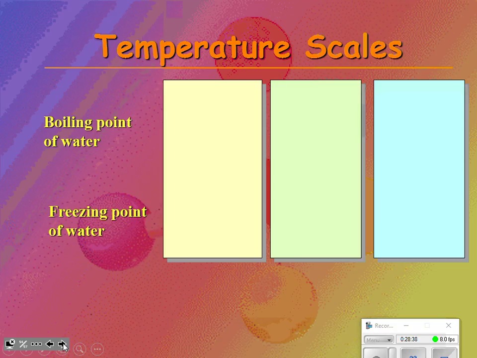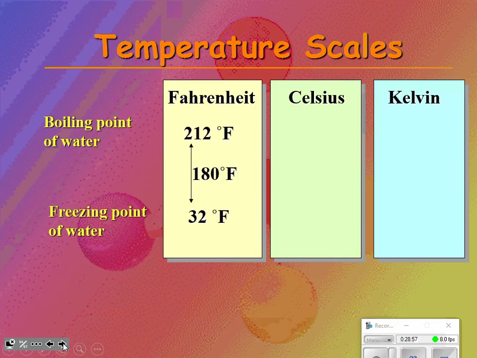Temperature scales, boiling point, freezing point. In Fahrenheit, what's the boiling point? What's the freezing point? Anybody know? Boiling point's 212, freezing point is 32. Okay. What about Celsius? 0 and 100. Okay.